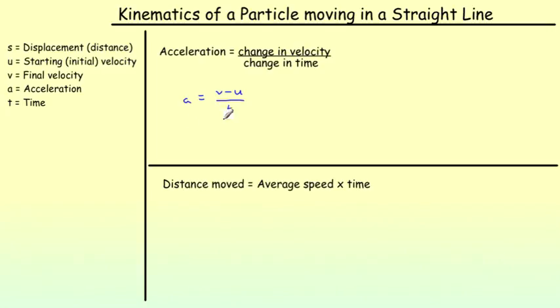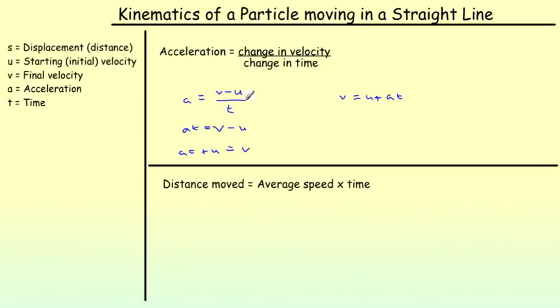Now, if we multiply both sides of that equation by T, it gives us AT is equal to V minus U. And then if we add U to both sides, we get AT plus U is equal to V. Finally then we can do a little bit of rearranging and write that with V as the subject, and what we get is V is equal to U plus AT.